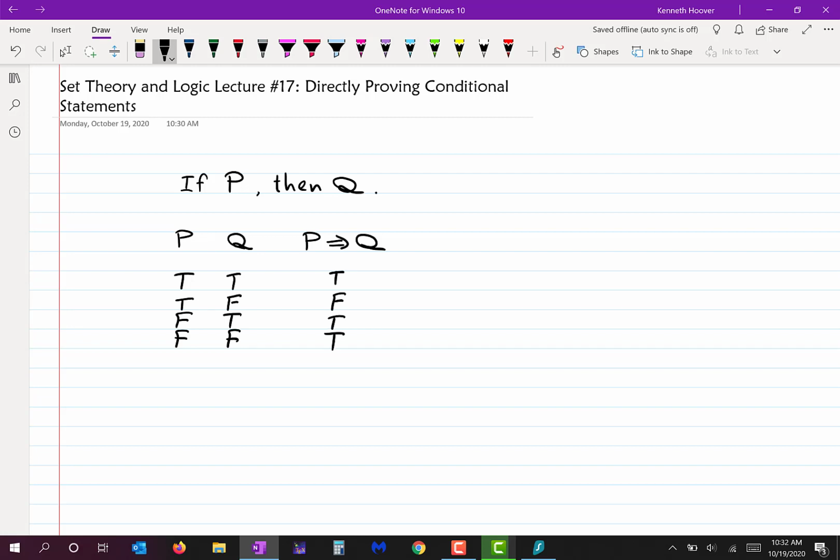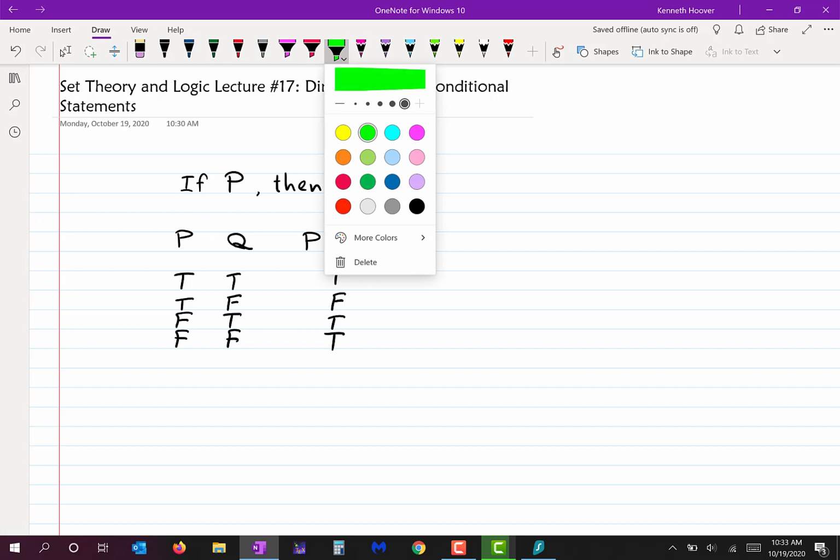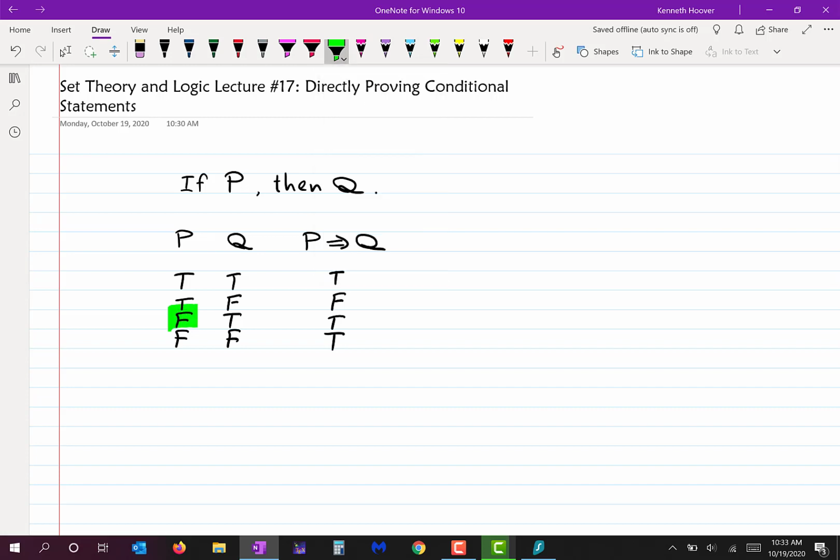So, if you want to show that P implies Q is a true statement, then the first thing to notice is that you don't have to worry about the instances when P is false. Why is that? Because, this is very important, if P is false, then P implies Q is automatically true.